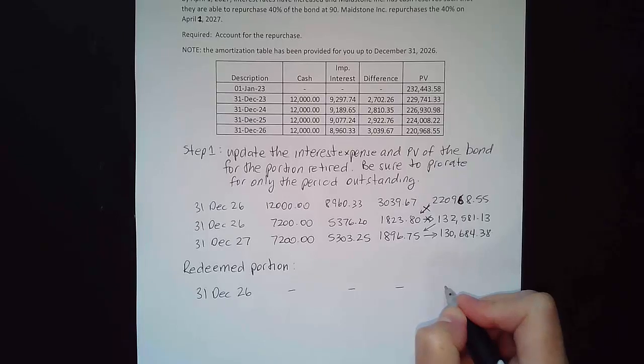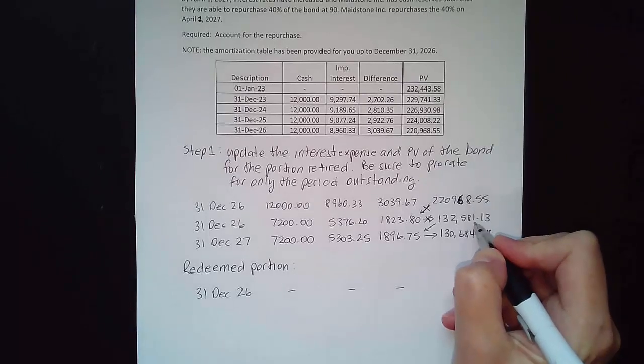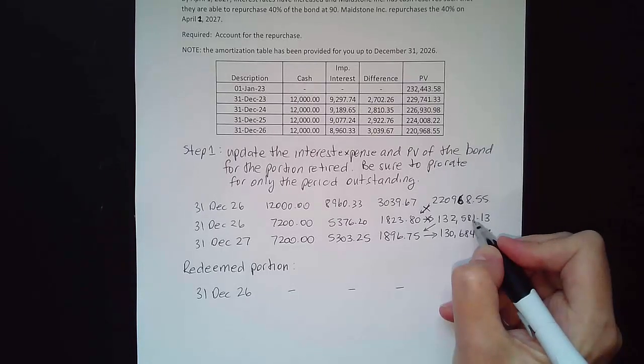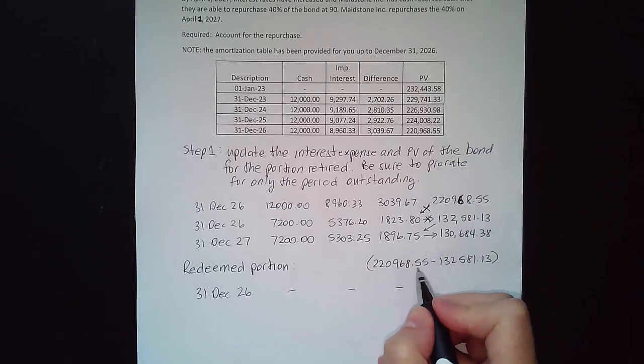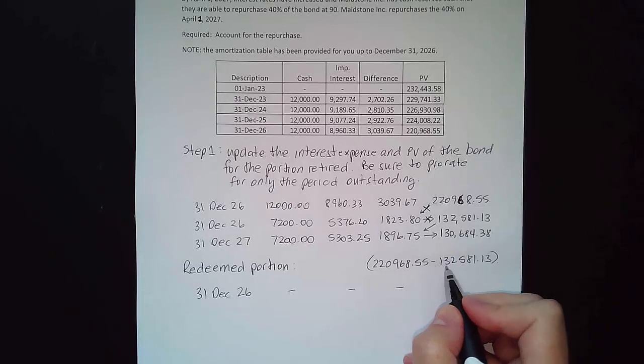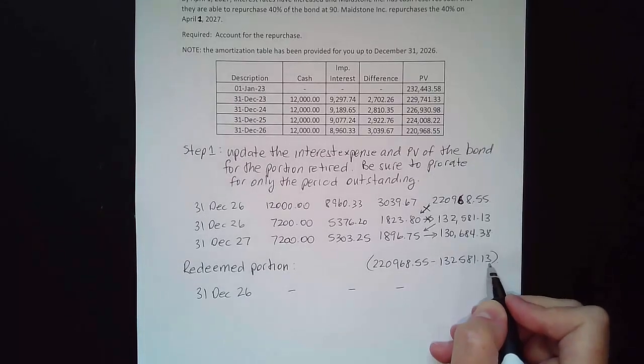The portion of the present value that will be redeemed is the difference between the total present value at December 31st, 2026 and the 60% that is moving forward because the company retains the liability. So I'm going to take the difference between these two amounts. $220,968.55, subtract the $132,581.13 that is going to remain as a liability.